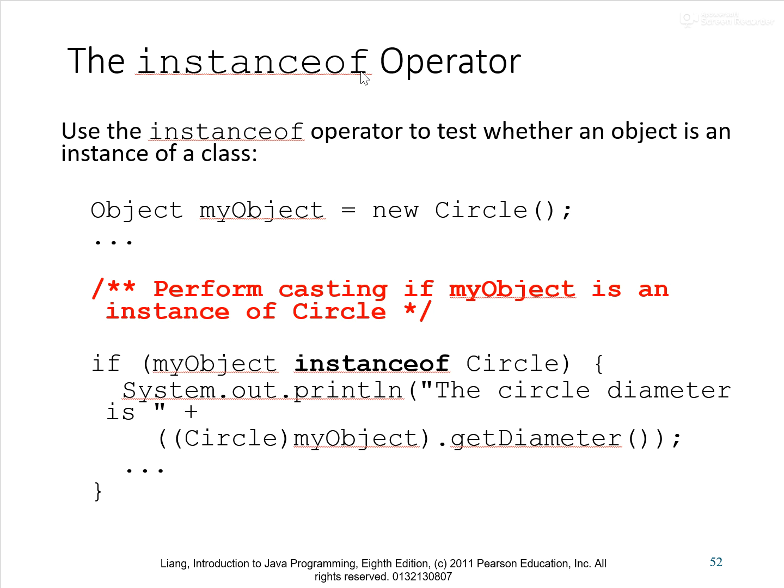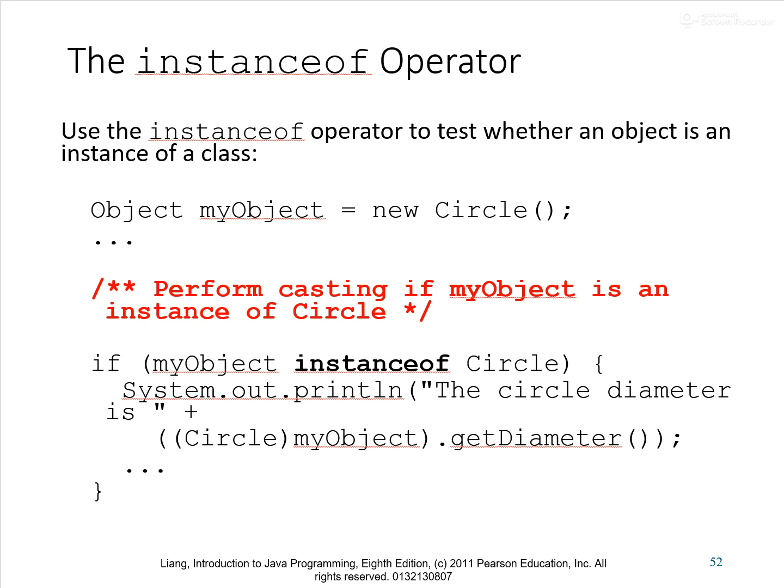Instead, the instanceof operator is exactly what you can see over here, these two words put together, instanceof. It is used to check whether a certain object is of a certain class.